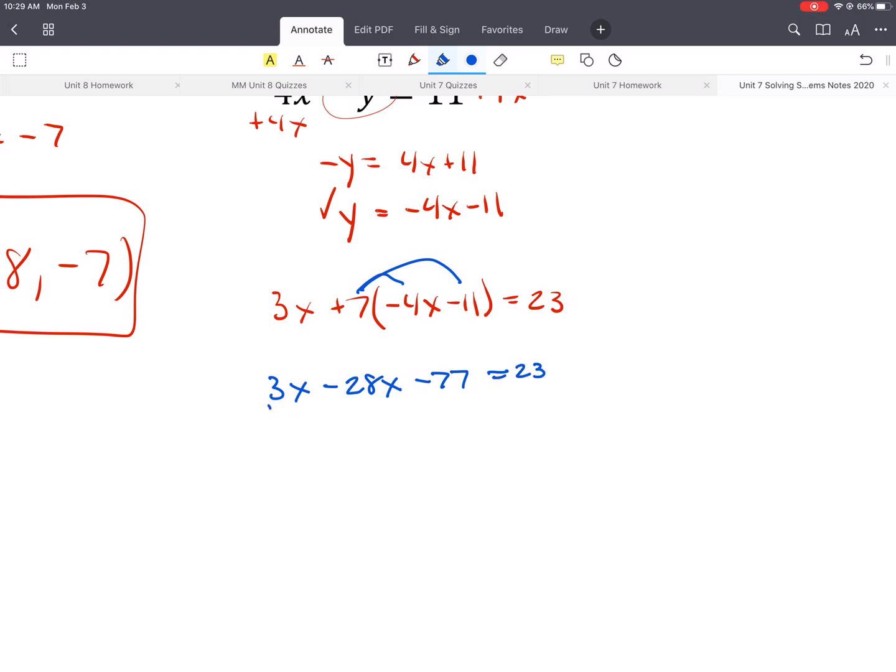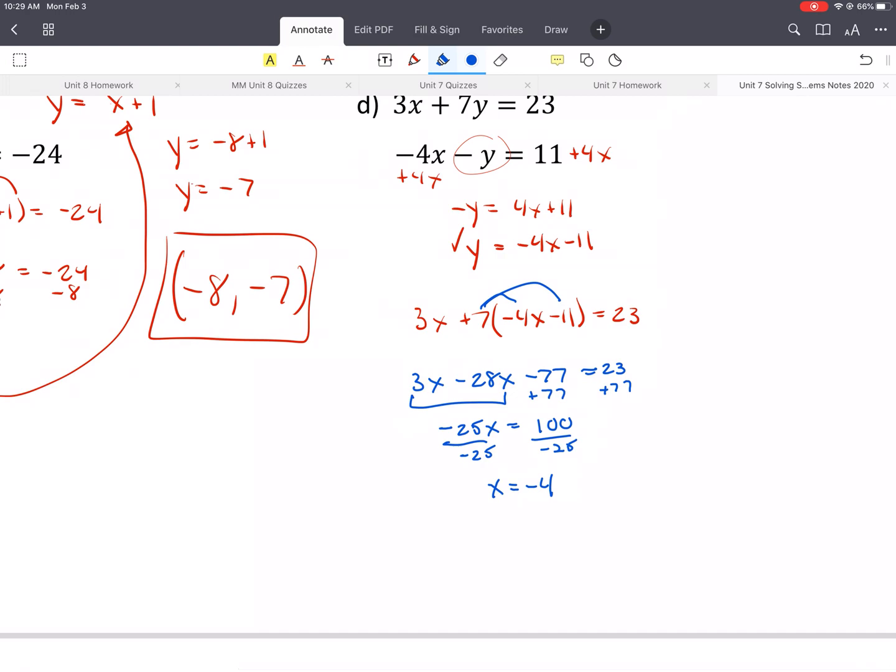Right, and then we'll combine these like terms. That gives us a negative 25x is equal to, and we'll add 77 to both sides. That gives us 100. And then we'll divide both sides by negative 25. Get x is equal to negative 4.